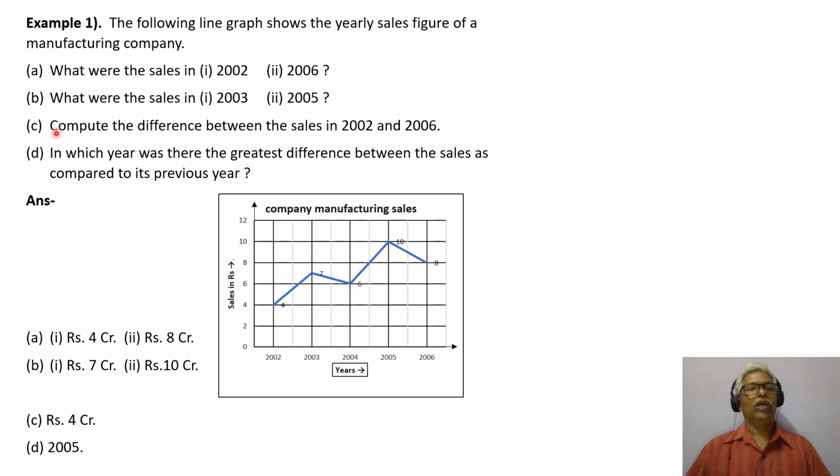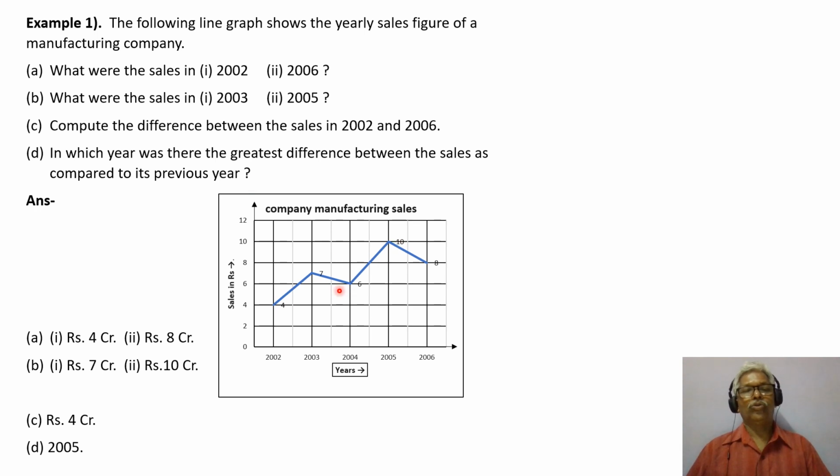Third one is to compute the difference between the sales in 2002 and 2006. We have already made the answer, or we will try to find it from this. 2006 is 8 and this is 4, so 4 crores. So C is 4 crores. And D is the year with the greatest difference between the sales as compared to the previous year.